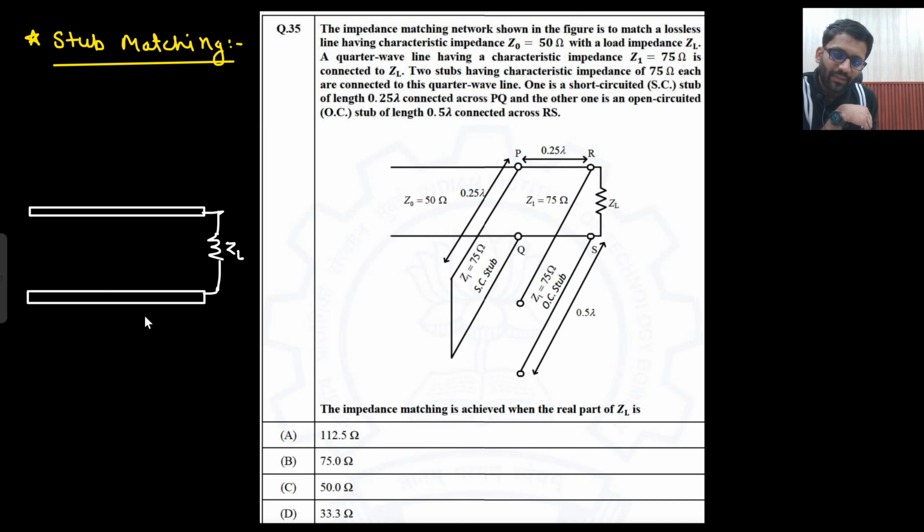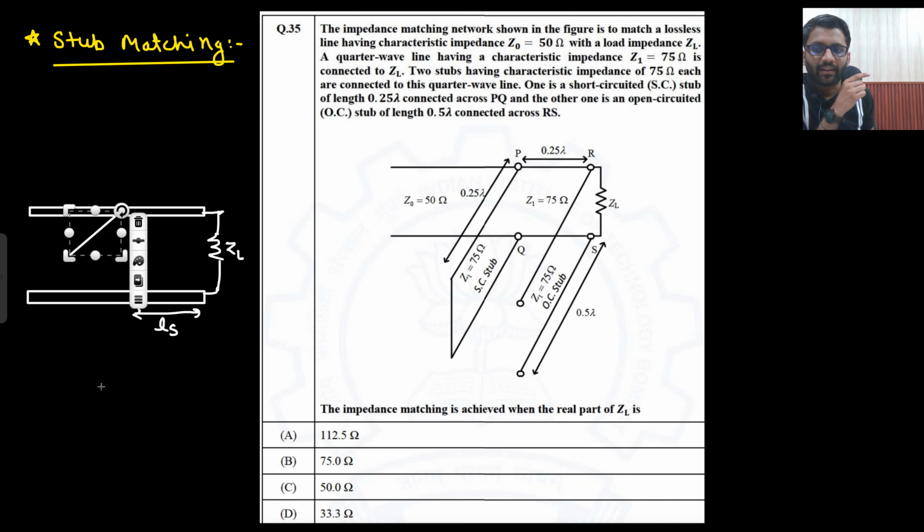Now at some distance from the load, let's say this distance is LS, I connect another transmission line. Now I keep this line either shorted or open. The length of this transmission line could be anything; I am calling this DS.